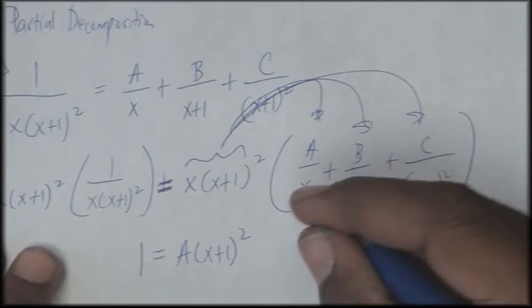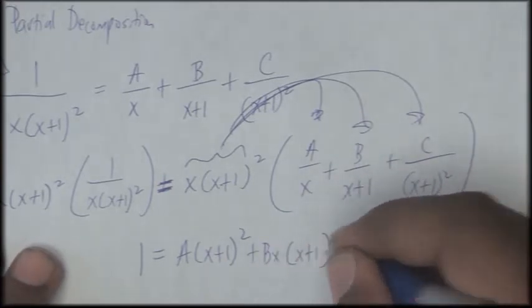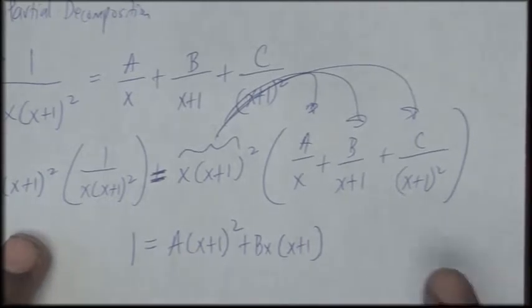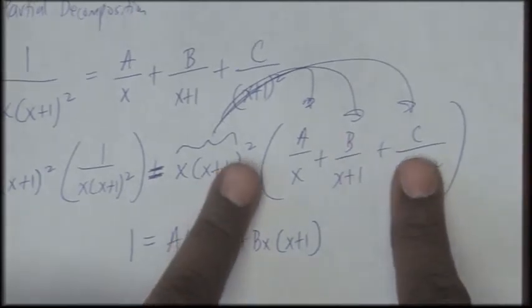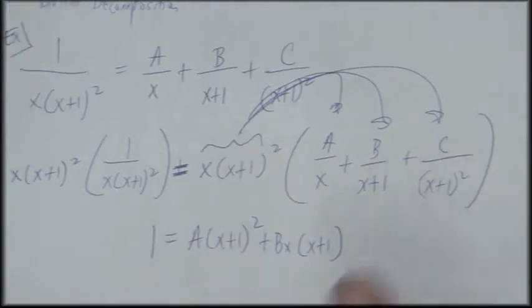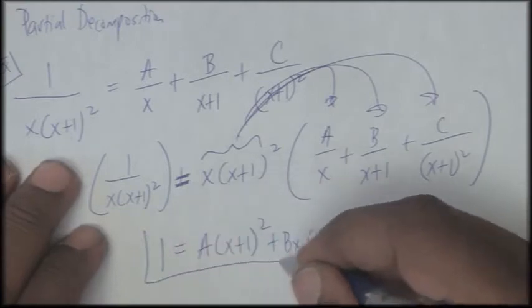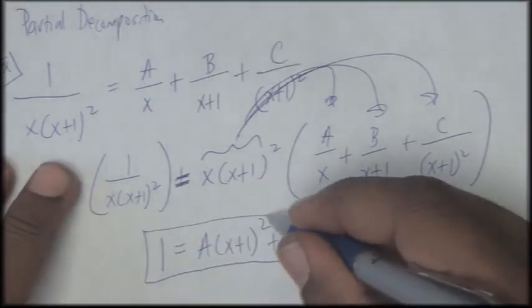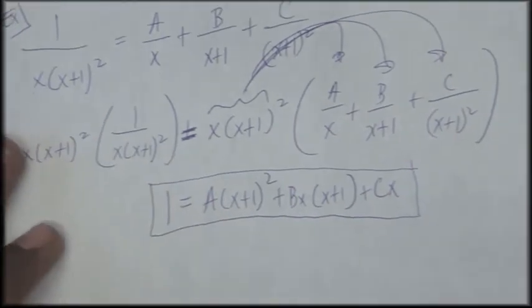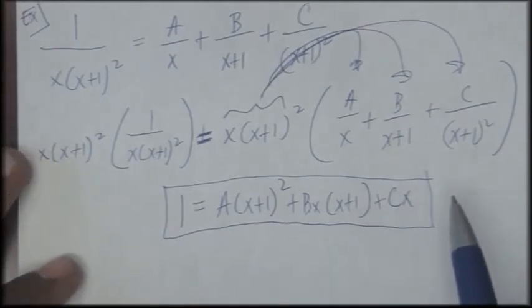So we're left with bx times the quantity x plus 1. And when we distribute with our last term, the x plus 1 quantity squared factor cancels, and we're left with c times x. And in this equation, we'll find a, b, and c.